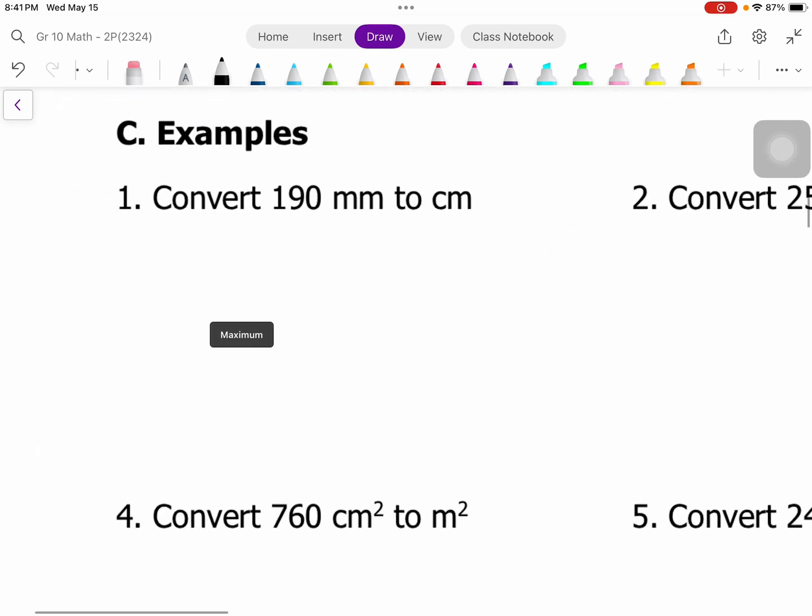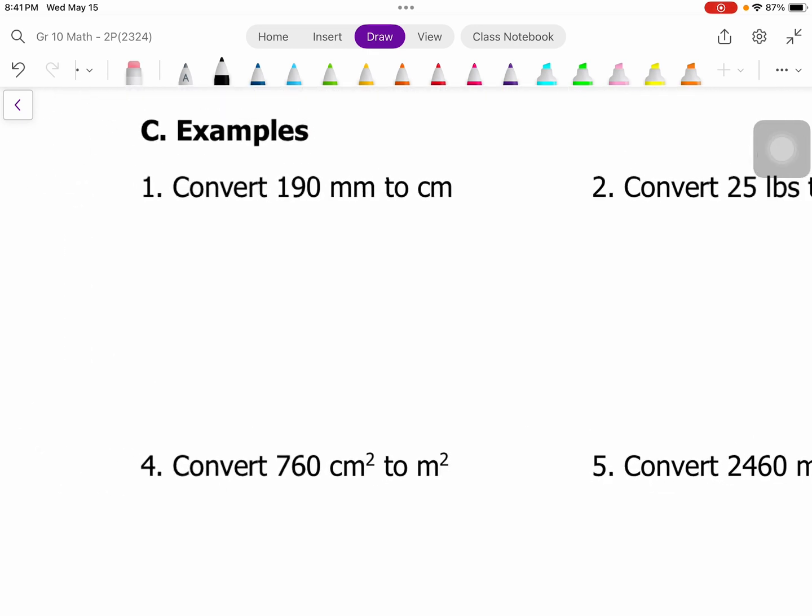Our first example, we are converting 190 millimeters into centimeters. I want to find out how many centimeters 190 millimeters is. So my fraction is going to go centimeters on the top and millimeters on the bottom. If I were to scroll up, I would find out that 1 centimeter is equal to 10 millimeters.